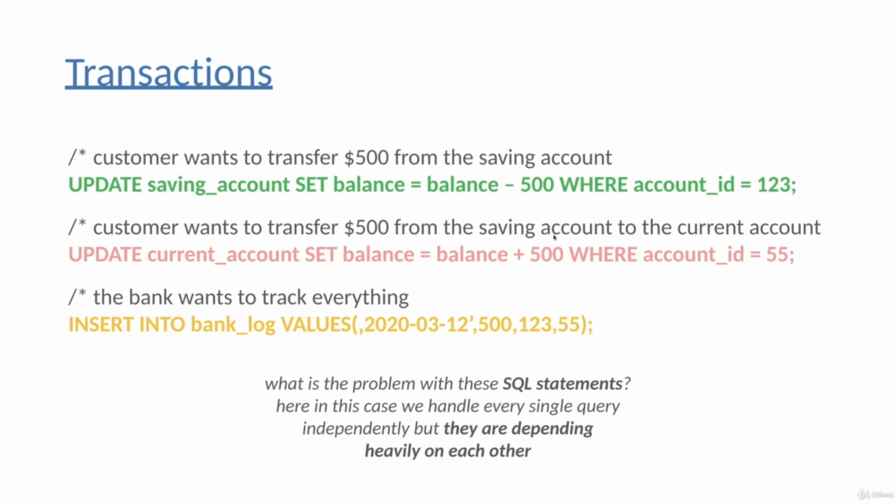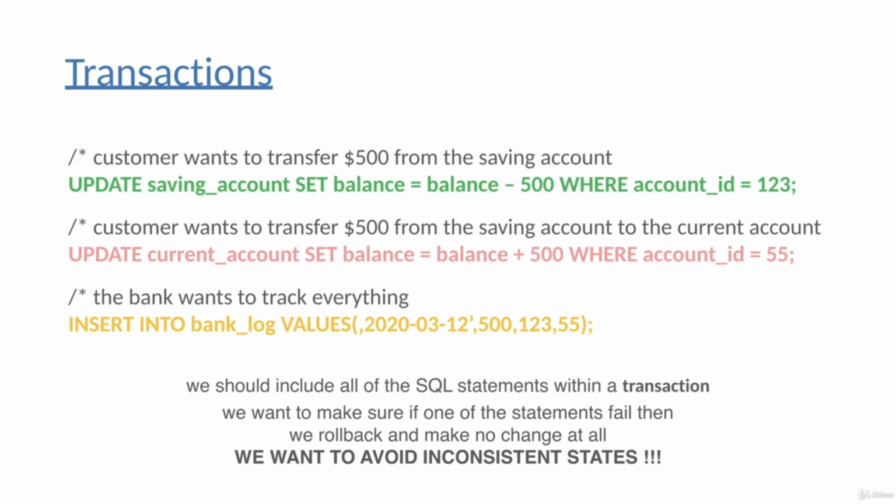This is when the database will end up in an inconsistent state because we have decremented the balance as far as the first database table is concerned, but we have failed to increment the value as far as another database table is concerned. So what is the problem with these SQL statements? Here in this case, we handle every single query independently, but of course it is obvious that they are depending heavily on each other. So what can be the solution?